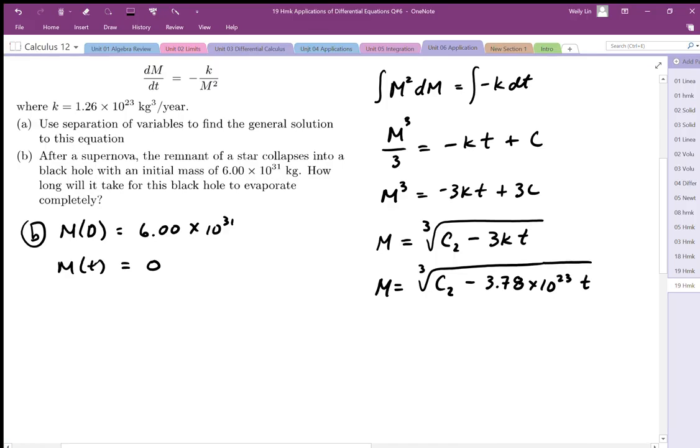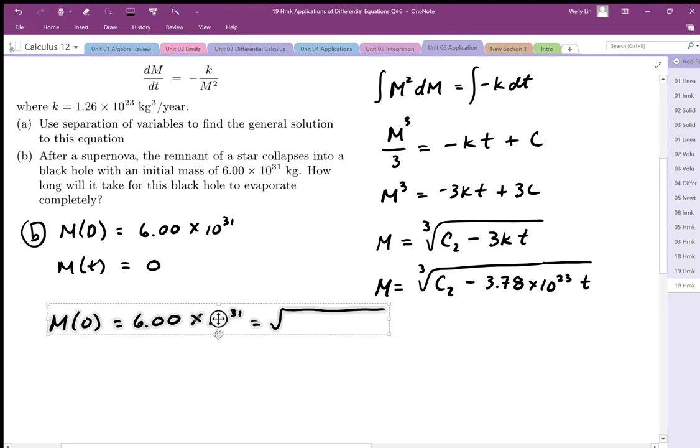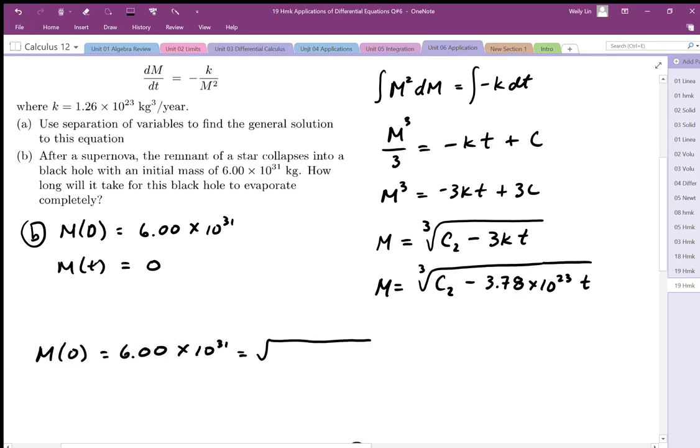Okay, so let's use the initial condition to find the c first. The mass at time 0 is equal to 6.00 times 10 to the 31, and that's going to be equal to this expression here. It's going to be equal to the cube root of (c₂ - 3.78 times 10 to the 23 times 0). So that's all just going to be 0.